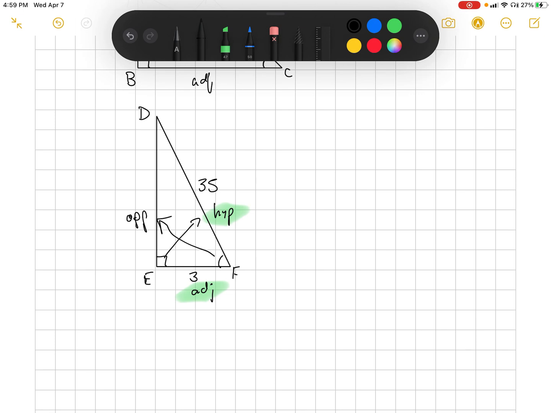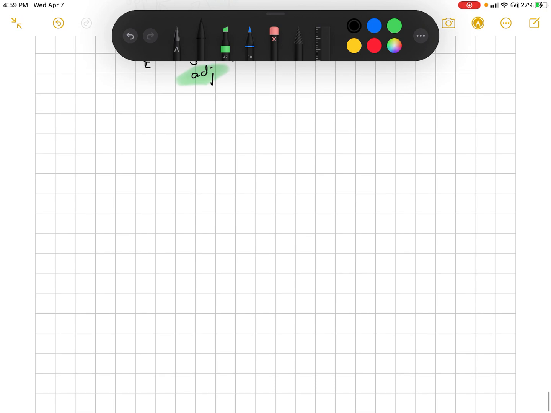Adjacent and hypotenuse is cosine. So cosine F is equal to adjacent over hypotenuse. So cosine of F, we don't know what F is, equal to 3 over 35. So then F is the inverse cosine of 3 over 35, which is equal to 85.1 degrees.